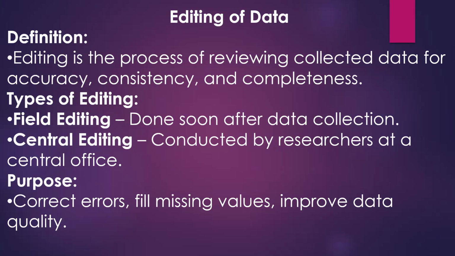Field editing is done immediately after data collection, often by the interviewer or the researcher. Central editing is done later, typically by a data analyst or supervisor at a central office. This step is essential to maintain data accuracy and reliability.